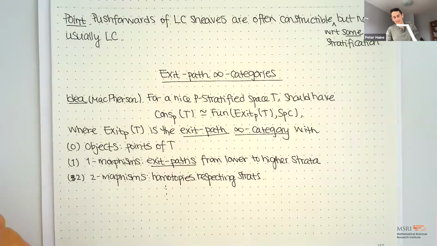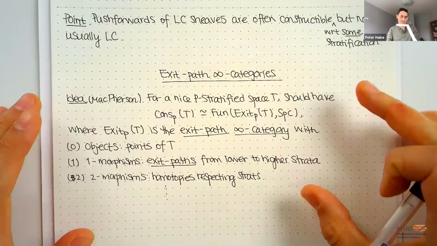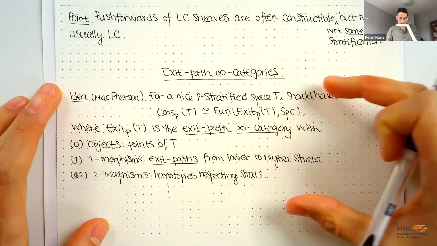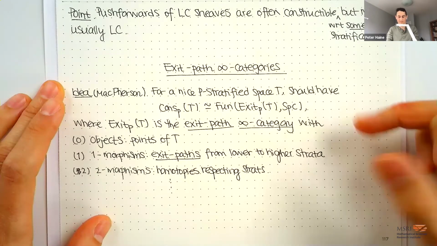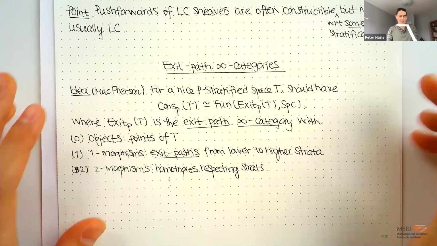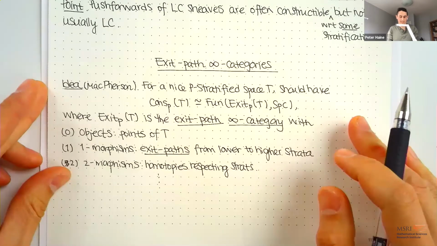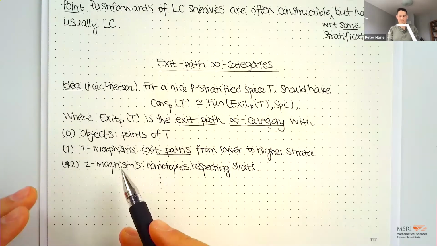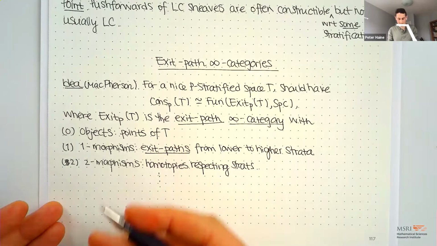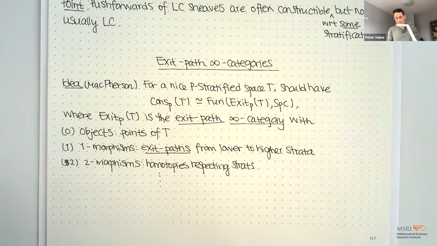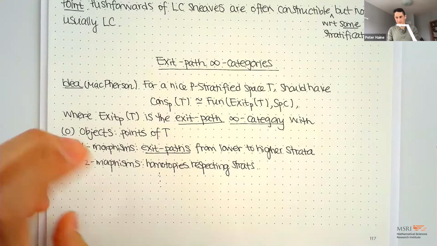In the not stratified setting, by a very modern perspective, it's not hard to make this sort of thing precise when you have the fundamental infinity groupoid. You can make a simplicial set that has the points as objects, the paths as one simplices, et cetera. But there are going to be some issues in this setting.